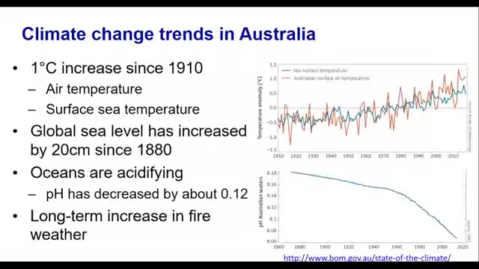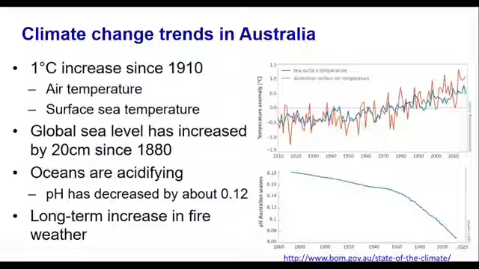So what we're going to do is talk about historical climate change, because this has been measured. No one really has a crystal ball. There are lots of models. But we're going to look at historical things to show that climate is changing.